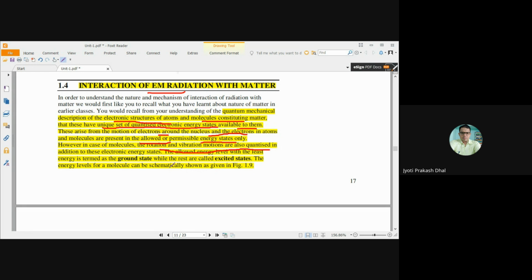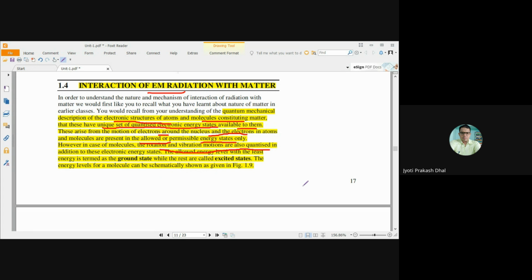However, if we consider a molecule, apart from this electronic motion, rotational and vibrational motions will also be there, because in molecules different atoms are bonded with one another, and this bond will rotate around its internuclear axis, and there will be bond vibration.